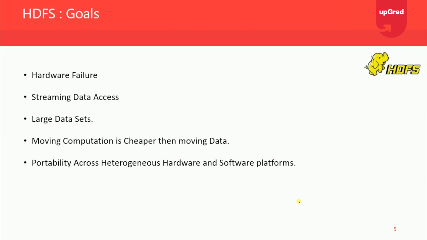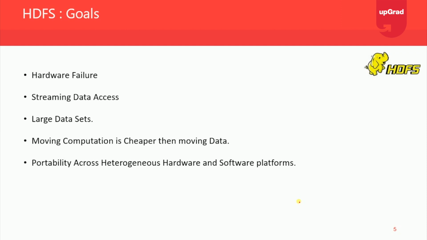Now, the third goal which is available in HDFS is the capability to handle large data sets. Applications that run on HDFS have large datasets. A typical file in HDFS is gigabytes to terabytes in size.